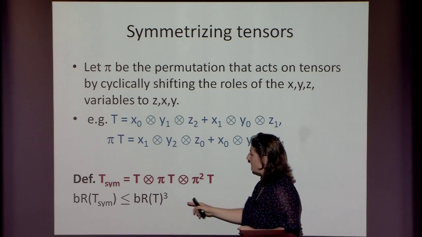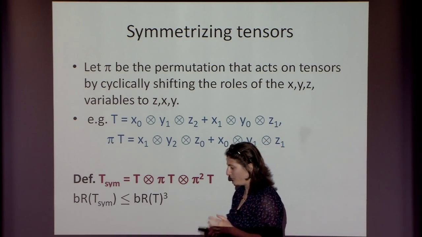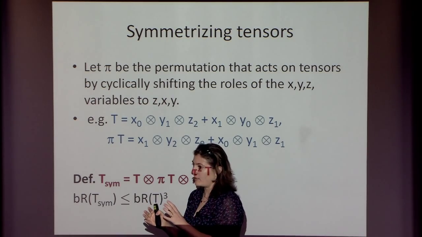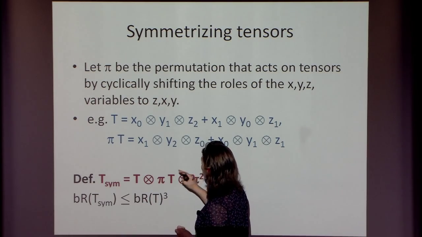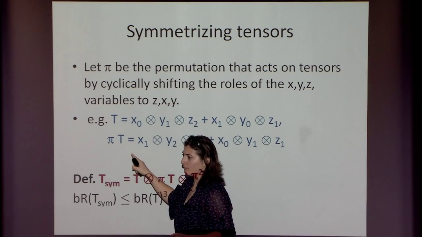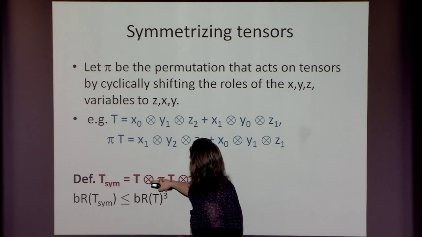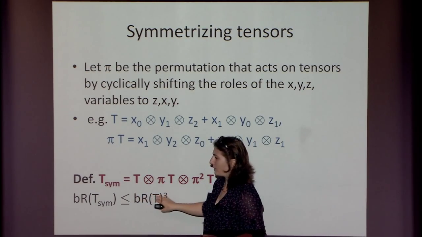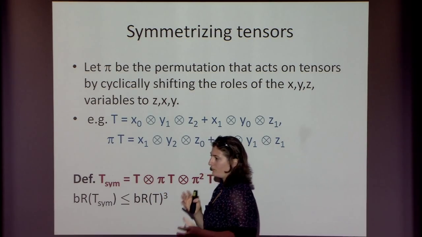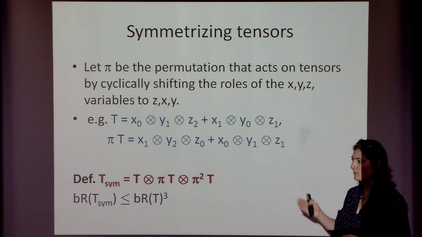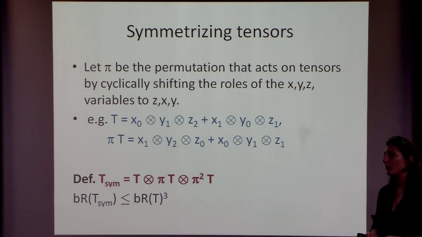So when you permute the rows, the border rank stays the same. So the border rank of T and pi T is the same. And then when I tensor product, I get that the border rank is at most the cube. So it's at most the product of the three things, and they're all the same.